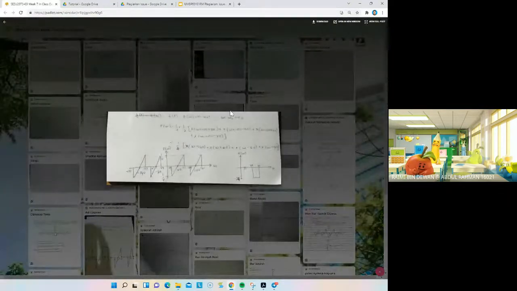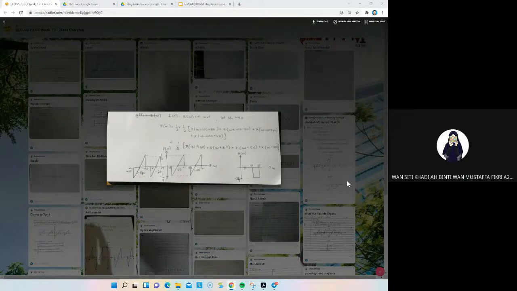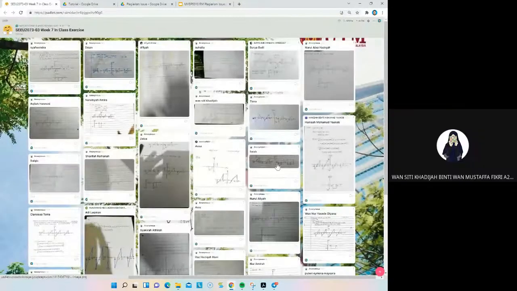Okay. So this Siti Khadijah, negative 24. Okay. H omega, omega. So this one seems correct. F omega, omega. Okay. Good. Siti Khadijah, where are you? Here, doctor. Good. Okay. Thank you.